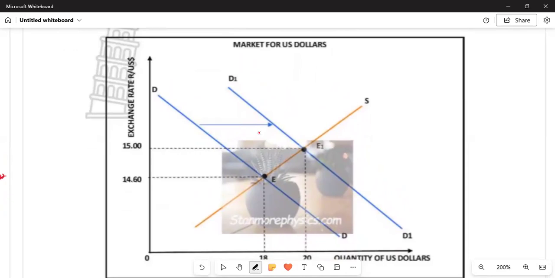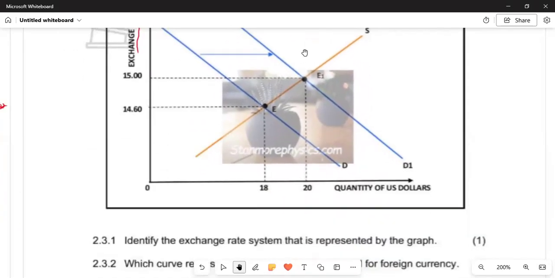As you can see, we have the market for US dollars, the exchange rate for US dollars, and also the quantity of US dollars. D, we know, stands for demand, and S is what?